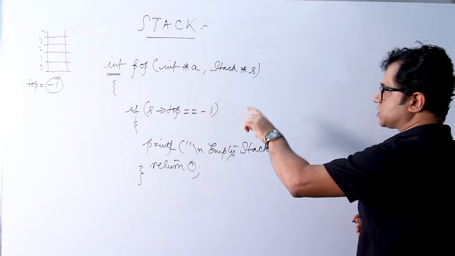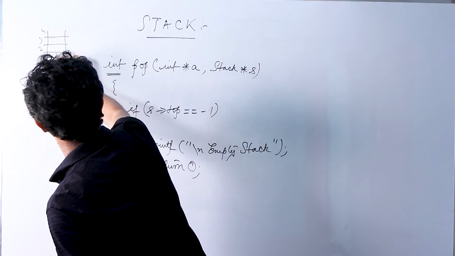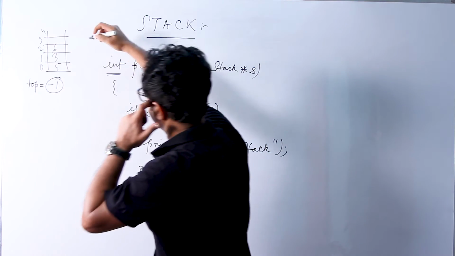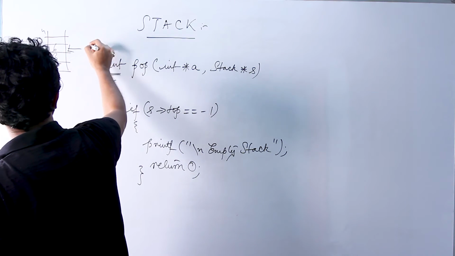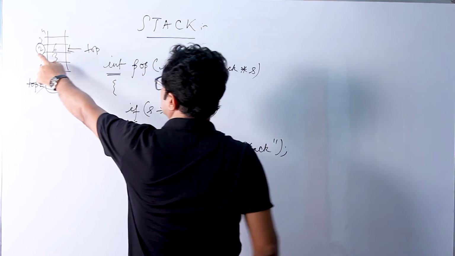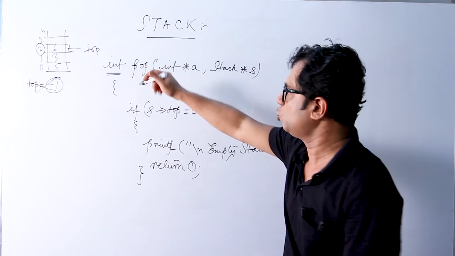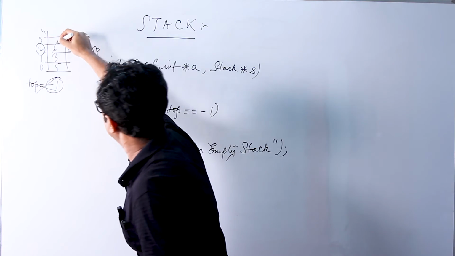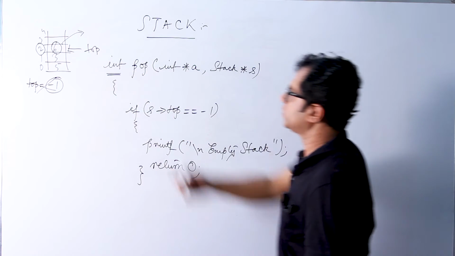And if the operation is successful, if the stack contains, suppose, the elements 5, 3, 6 like this, then the top would have been over here. So the top value would have been 2 in this case, where there are 3 elements. If you want to pop from the stack, the topmost element will be popped out. So how to pop the topmost element?